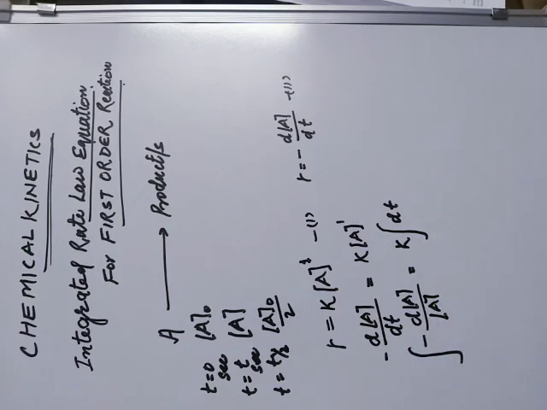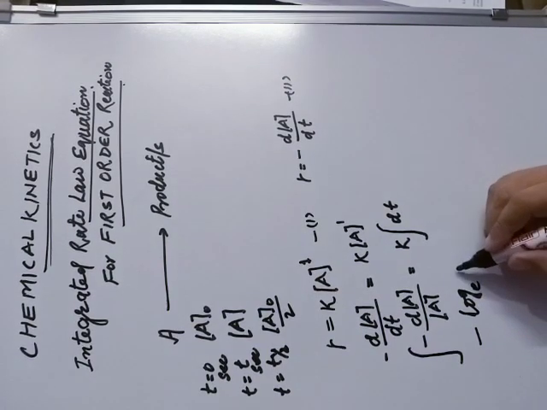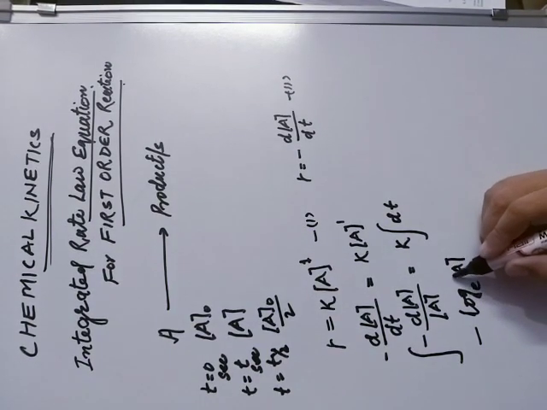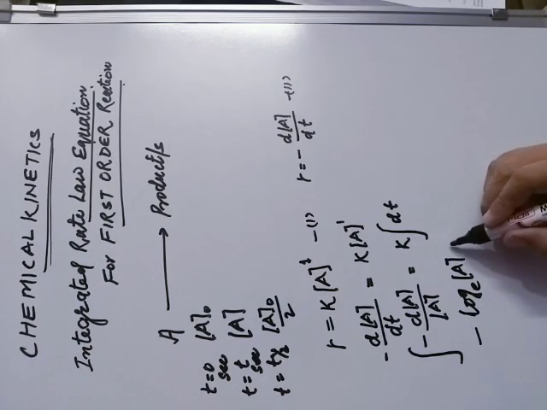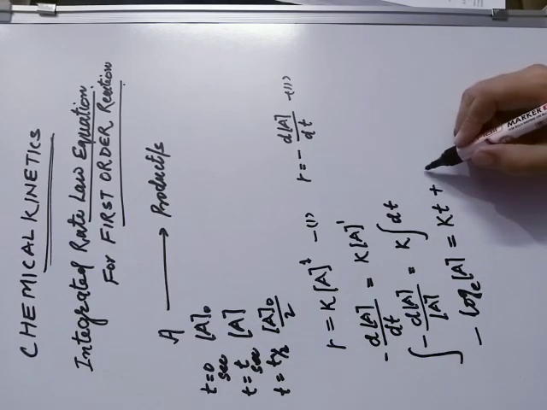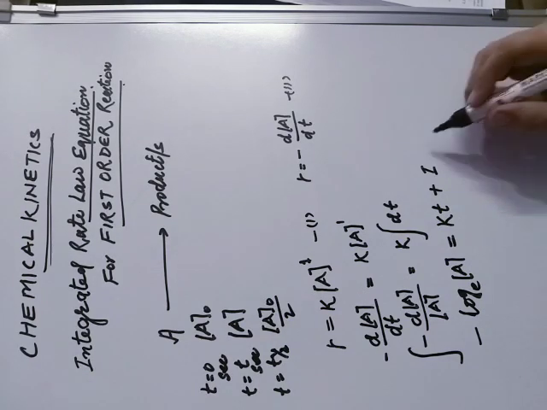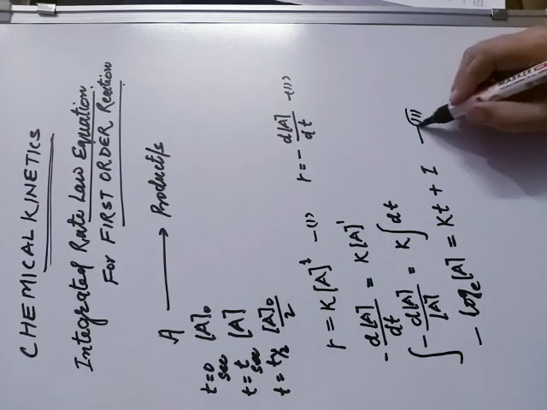On integration, the new equation will be minus log base e A is equal to Kt plus I. Here I is the integration constant. This is our third equation.